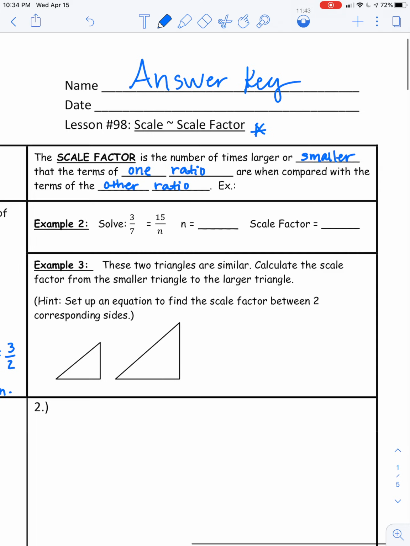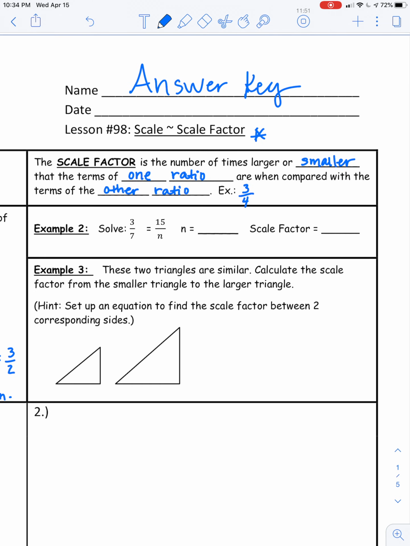An example of that would be if I have a ratio that's 3:4, and I see that it has a ratio that's 18/24, the scale factor is how much larger the second ratio over here is than this one over here.